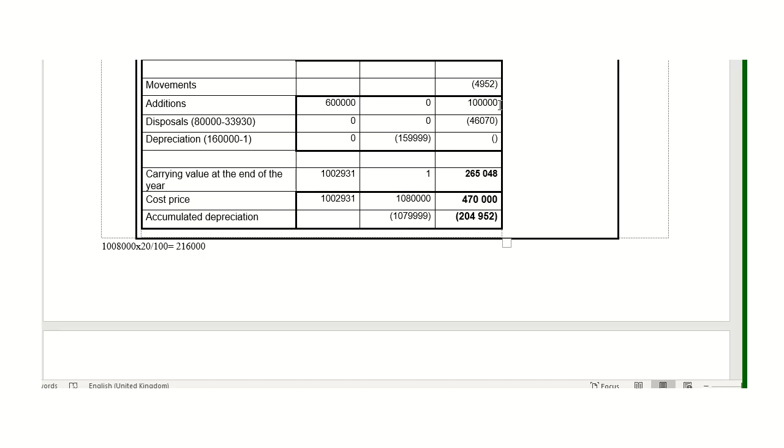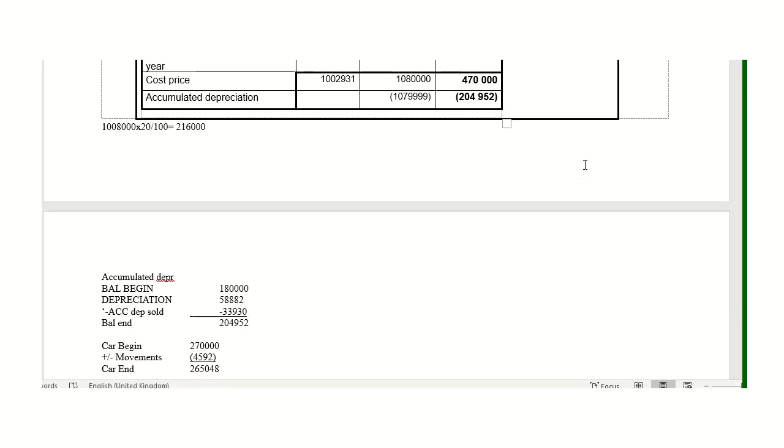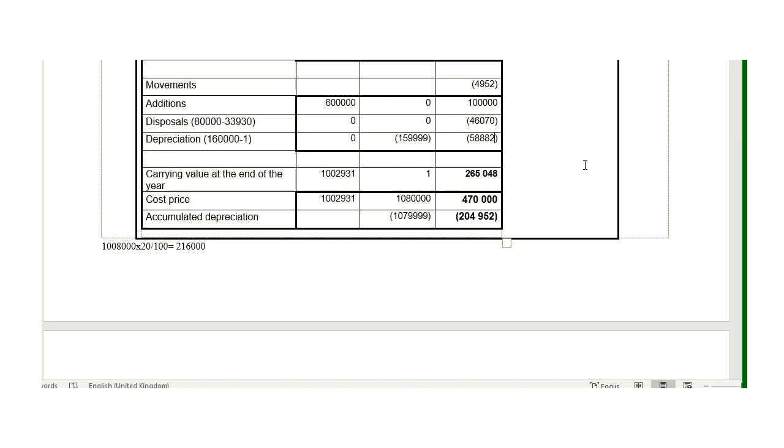So minus 4,952 minus 100,000 gives me minus 104,952 plus 46,070, and that will then also give me 58,882. So I can also go that way.